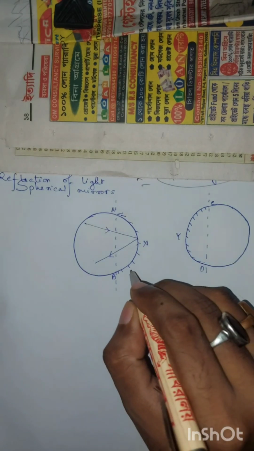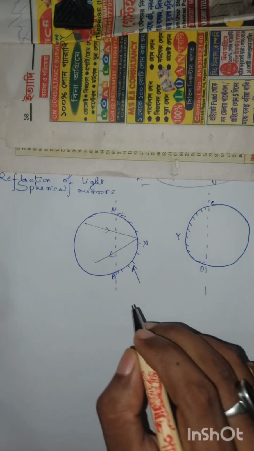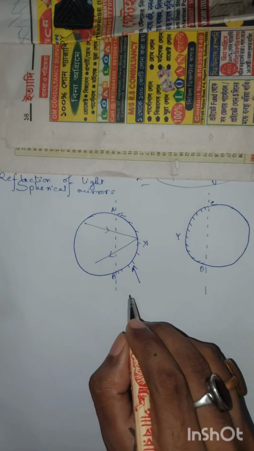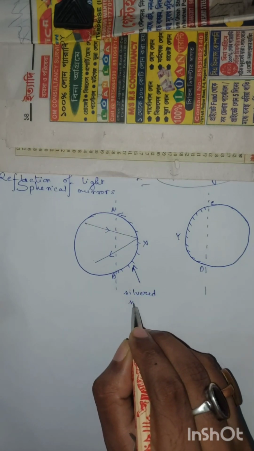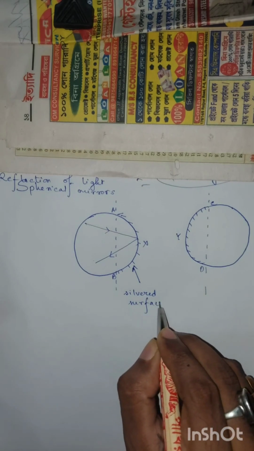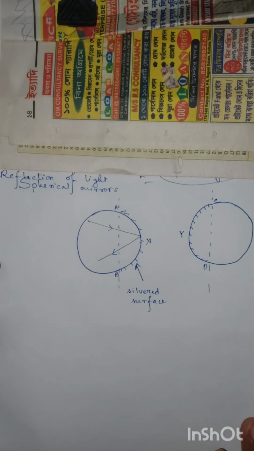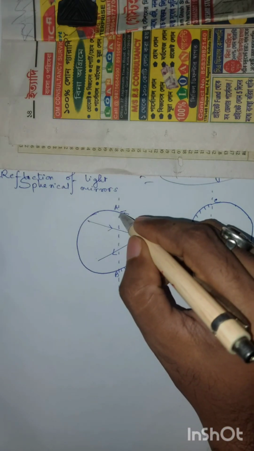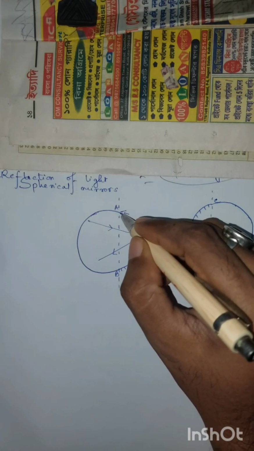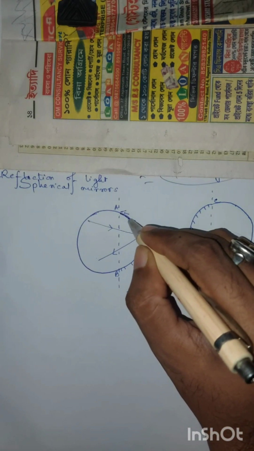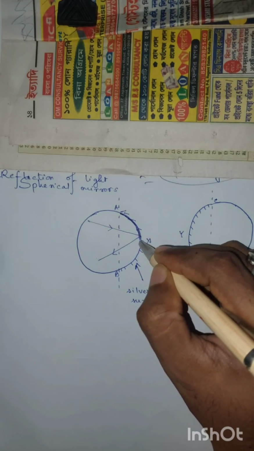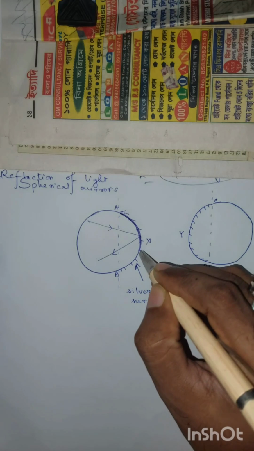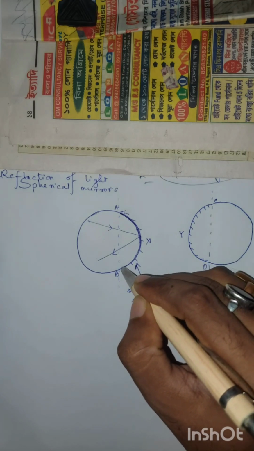So we can say this is our silvered surface, and the opposite of this surface is the reflecting surface.